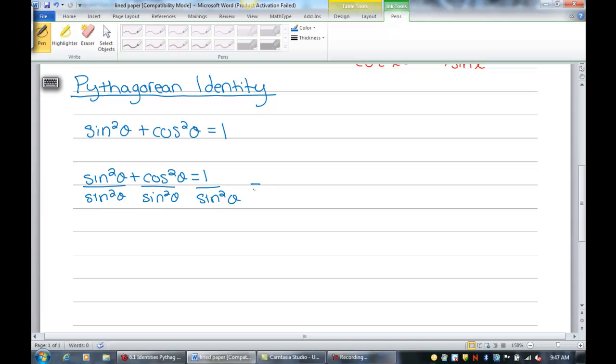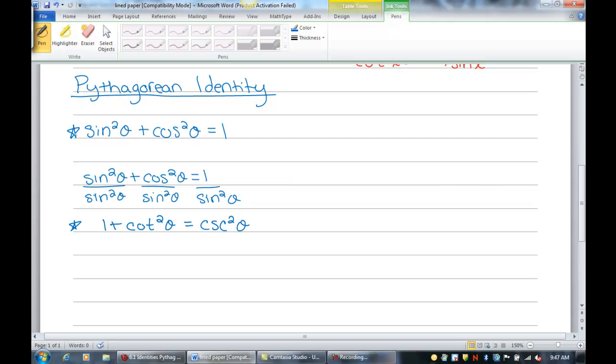So what is this equivalent to? Well, sine over sine we know is 1. Sine squared over sine squared. Cosine squared over sine squared is cotangent squared, and 1 over sine squared is cosecant squared. So this is another identity.